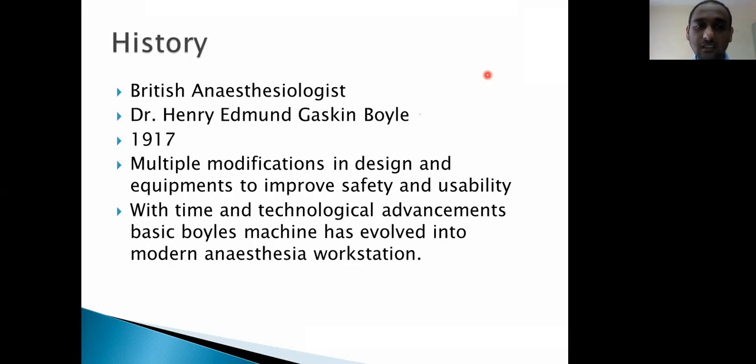In 1917 he devised a machine of his own making, and that is how the traditional name that we have for the anesthesia machine, that is the Boyle's machine.